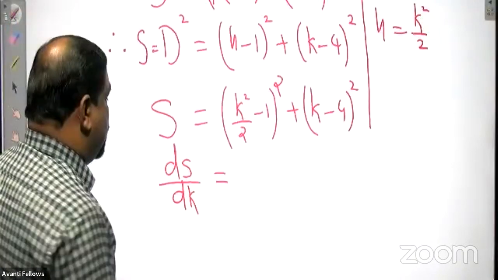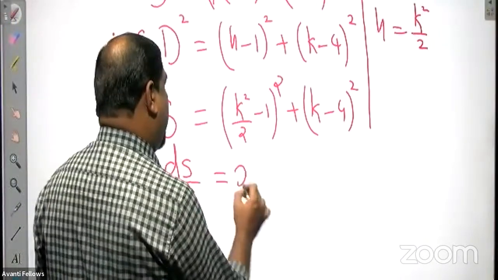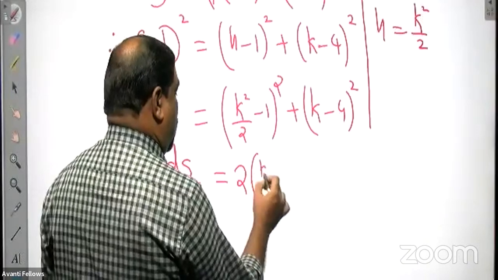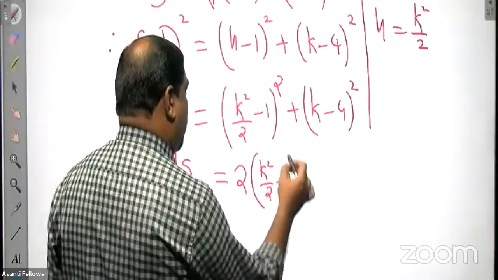So ds by dk is equal to 2 times k square by 2 minus 1.